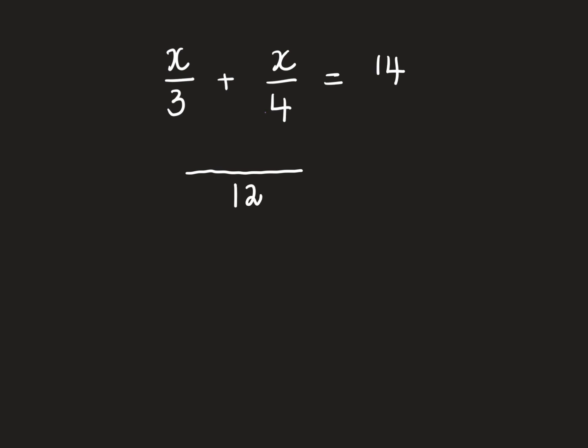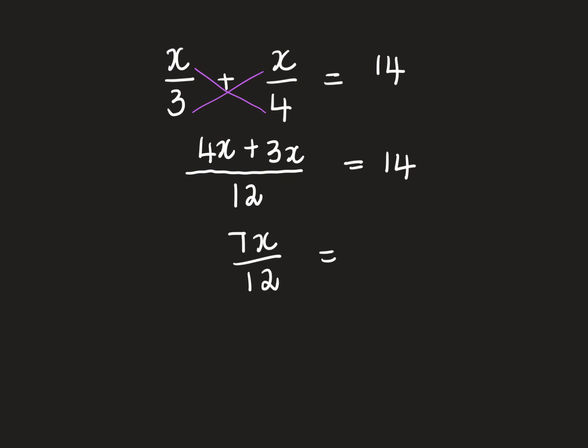Then I say that times that, 4 times x, plus that times that, 3x, equal to 14. I just put that there as it was before. Next thing, 4x plus 3x, that gives me 7x. Keep the denominator the same, like that.